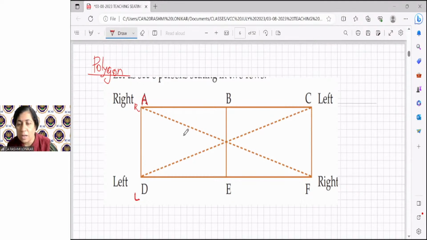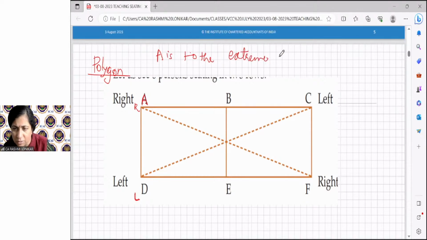Now, what are the different sentences you can have? A is at the extreme end. They may give you extreme end.